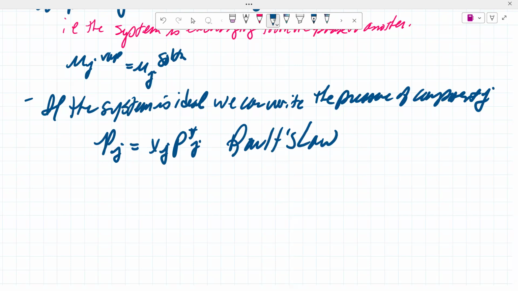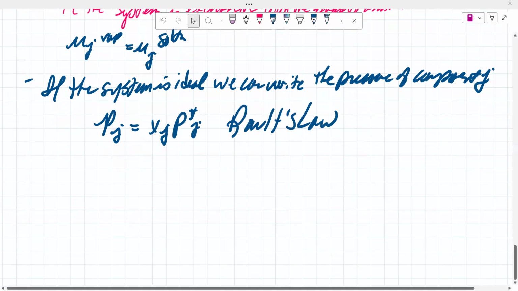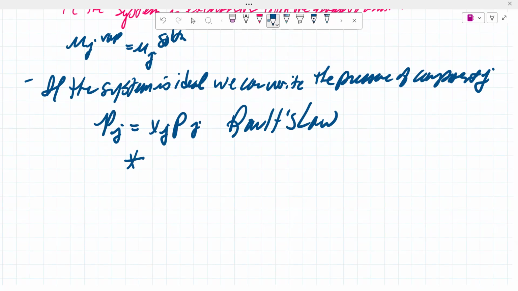What's the star? Star is like this one right up here. I really need to write it better. Let me make it better. There you go. Pure liquid component.